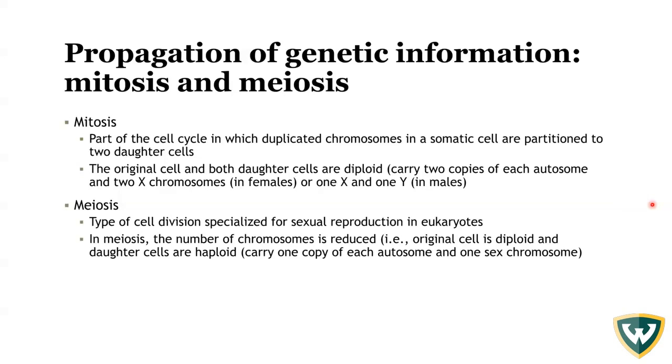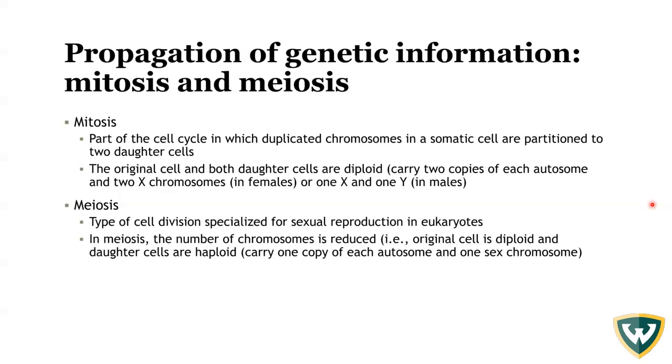Mitosis essentially results in 2 daughter cells that carry 2 copies of all the chromosomes, so it's an exact copy of the parent cell. These cells are diploid, meaning they carry 2 copies of all the chromosomes we talked about in part 1, including the X and Y, or the X and X, for males and females respectively.